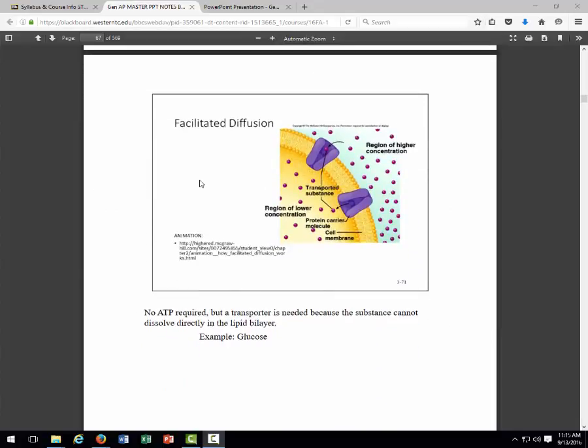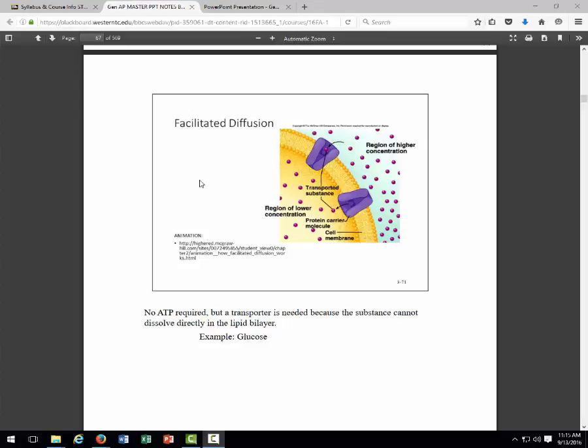Facilitated diffusion is when the substance doesn't dissolve in the membrane, it's water soluble, and it needs a carrier to go across. The carrier is going to change its shape, but it doesn't require energy to change its shape. It's just a chemical reaction that occurs. That carrier changes its shape and brings the substance across the membrane.